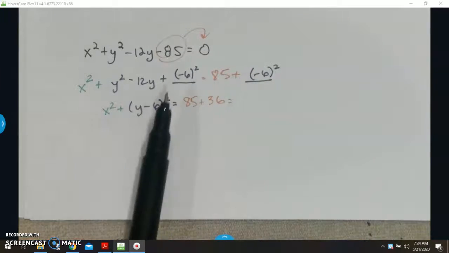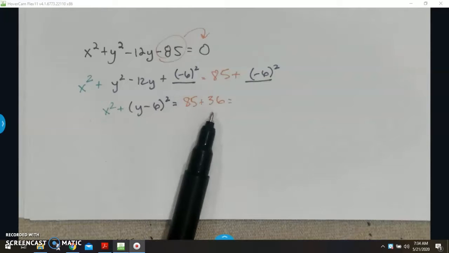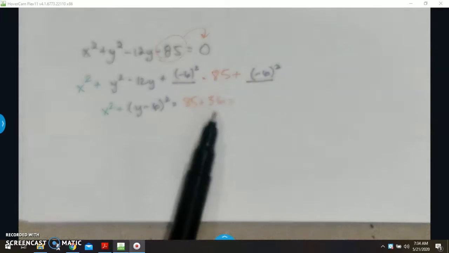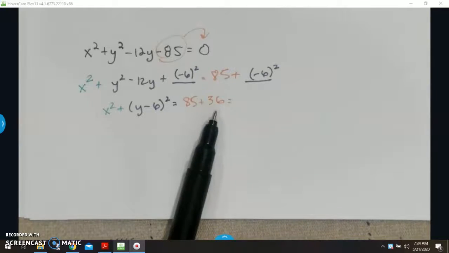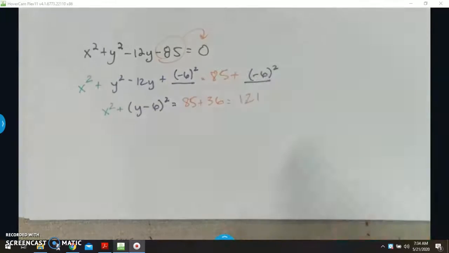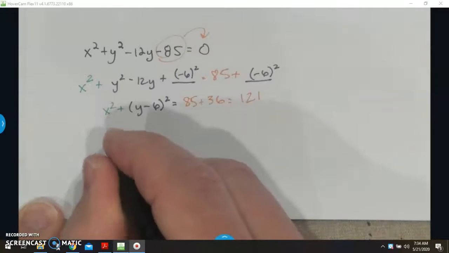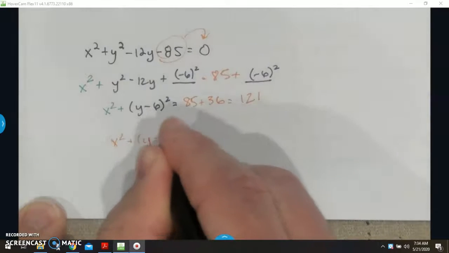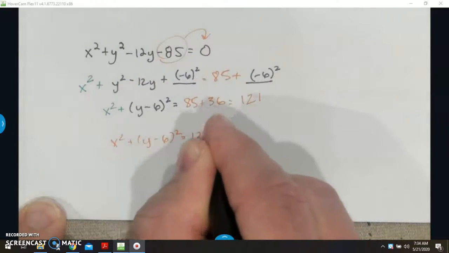Now, one way to add these quickly: 85 and 36, 80 and 30 is 110, 5 and 6 is 11. That'll be 121. So this will simplify to x squared plus y minus 6 squared equals 121.